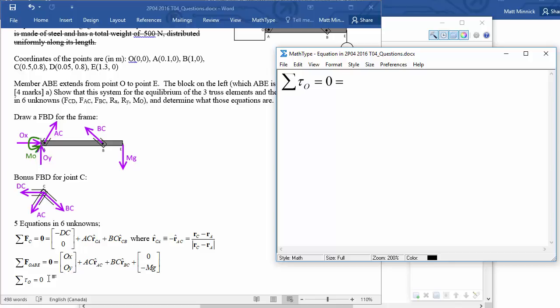So using the right-hand rule, that would mean MO is positive, and we've got also a positive torque created by AC and BC, but a negative torque created by mg at its distance. So for AC, we need the vertical component of that and its distance away, which would be 0.1 times AC's y component, which would be, how can we refer to AC's y component?